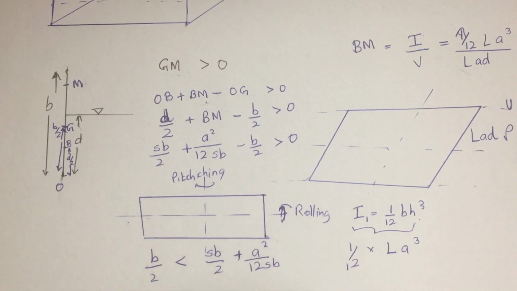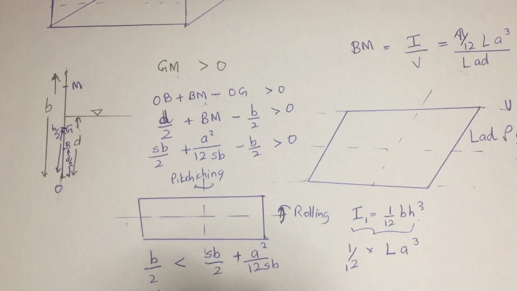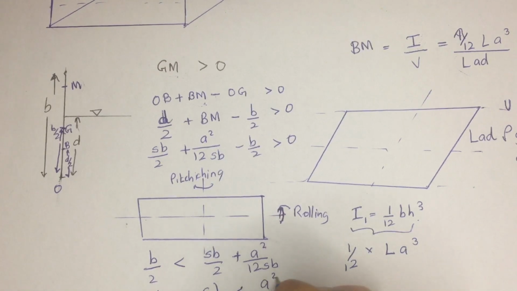so we need to check whether we have any equations over here. So what we can actually do is, yes, now there is another B, so I'm going to take this B over here. If I do so, B by 2 into 1 minus S is less than A squared over 12 SB.